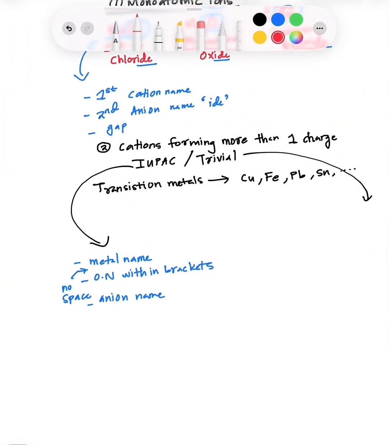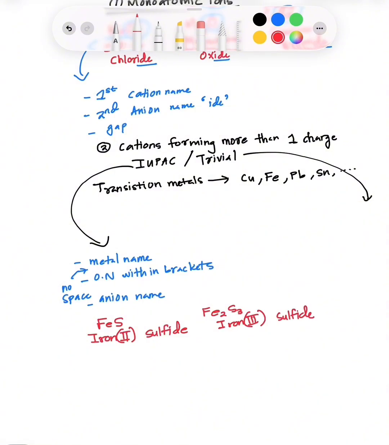Let me show the example. If I take this, we write it as iron(II) sulfide. Let me take another example, that is Fe2S3. That means iron(III) sulfide.